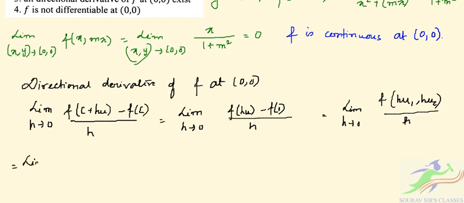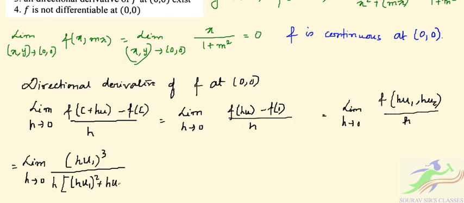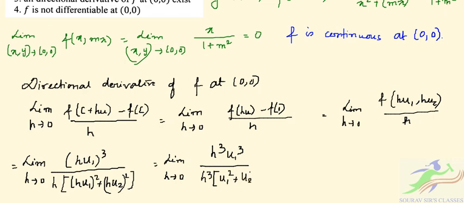So it is hu1 cubed by h times hu1 squared plus hu2 squared. Simplifying, this is h cubed u1 cubed over h cubed times u1 squared plus u2 squared, which leaves u1 cubed by u1 squared plus u2 squared.